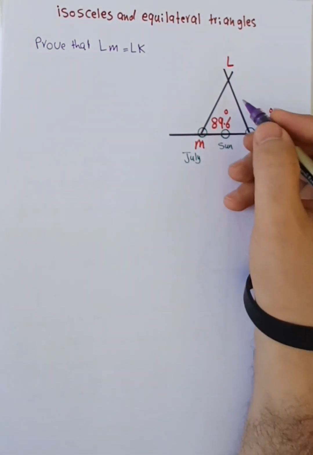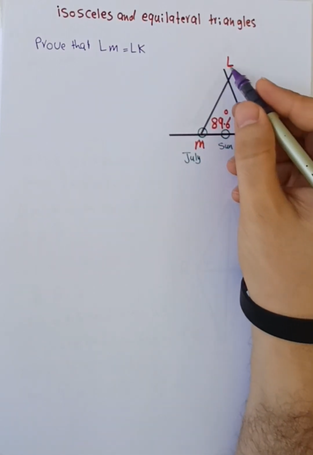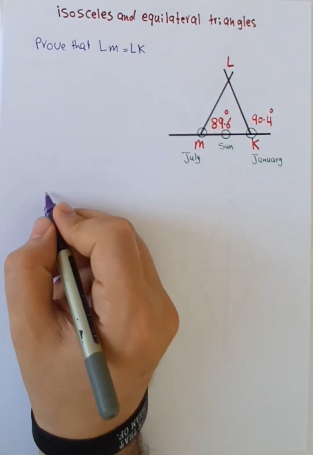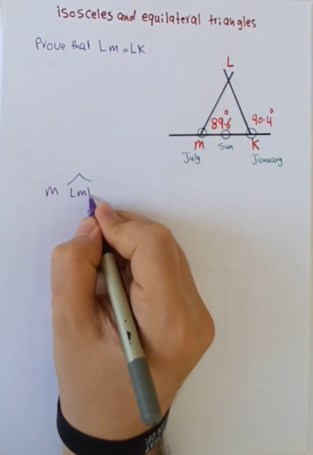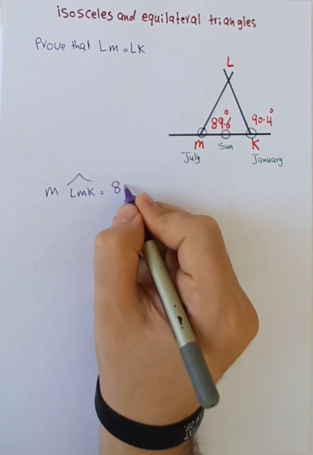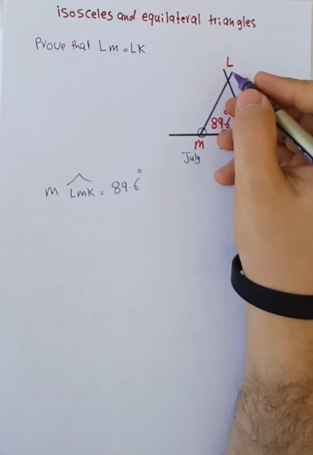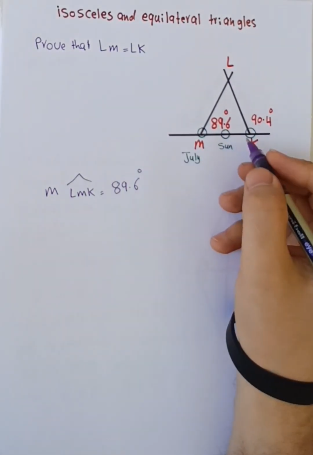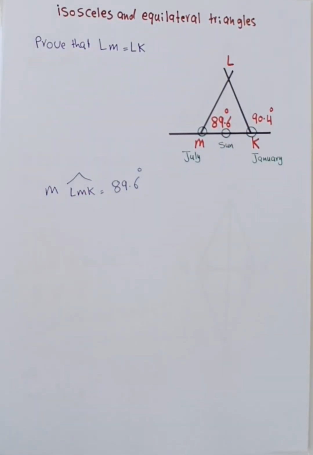So the measure of angle LMK is 89.6 degrees, and then we have to find the measure of angle LKM to know whether the base angles for this triangle are congruent or not.